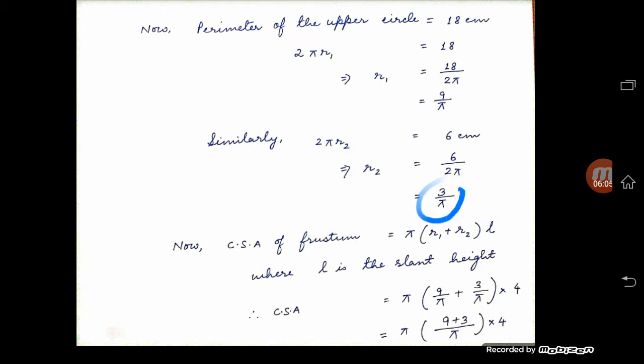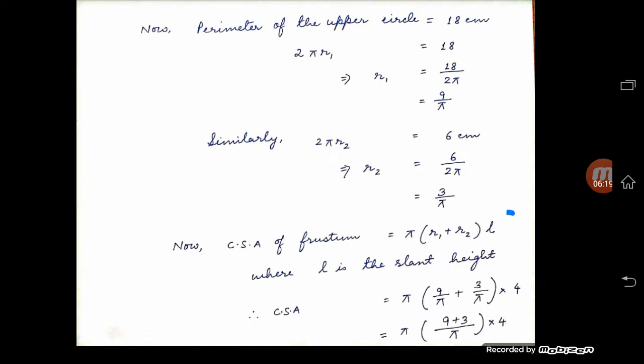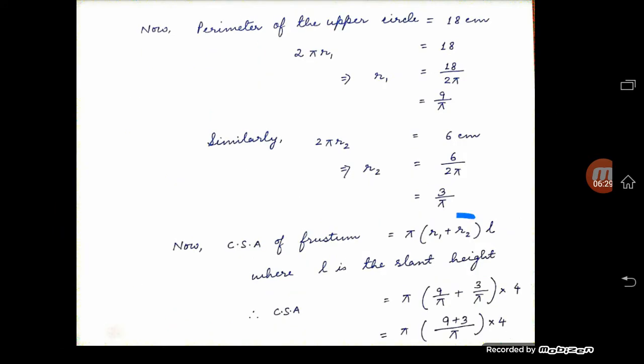So now the formula for curved surface area of frustum. What is it? Pi into r1 plus r2, that means the radius of the bigger circle plus radius of the smaller circle, into L. L means the slant height, which is already given as 4 centimeter. We put those numbers in the given formula for curved surface area of a frustum.